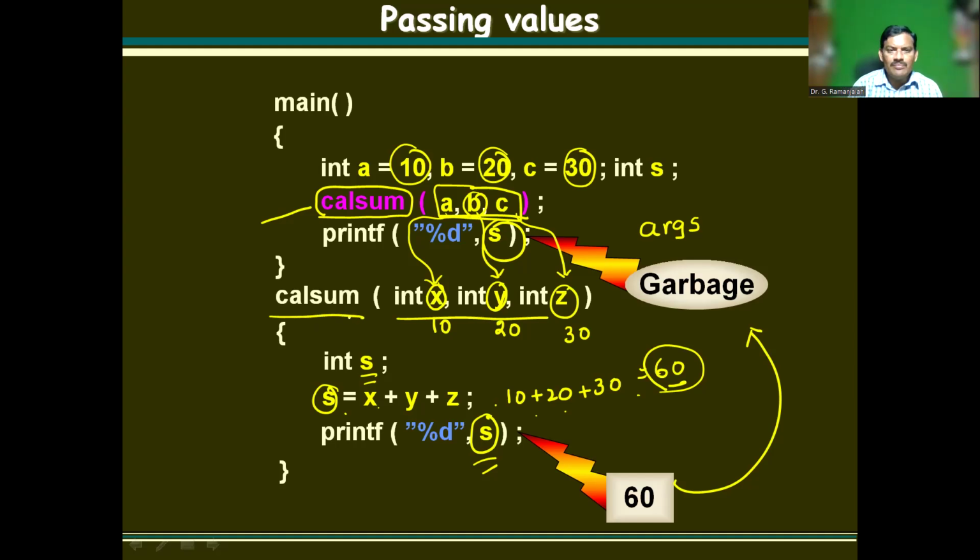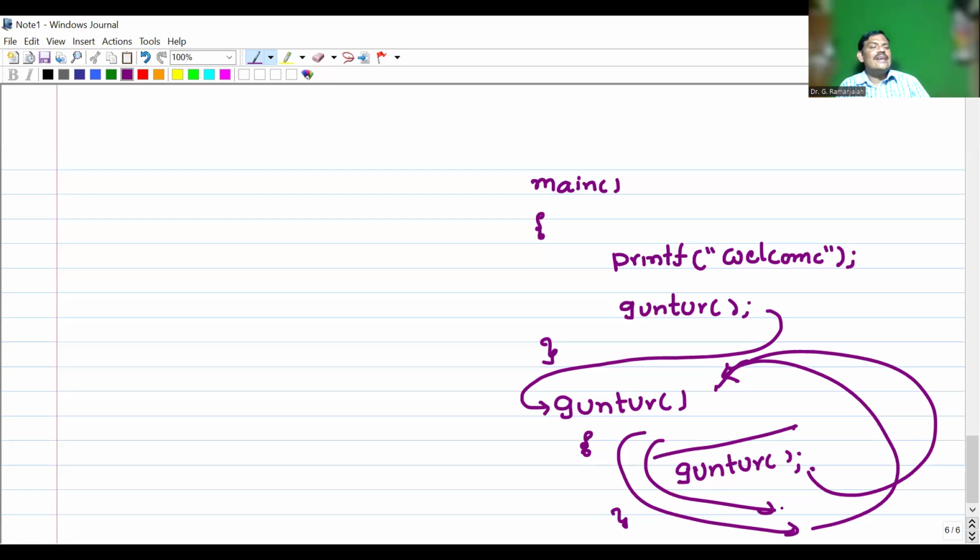In the function definition, these are called local variables. We have two categories of variables. Number one is local variable. If a variable is declared before the main function, that is called a global variable.